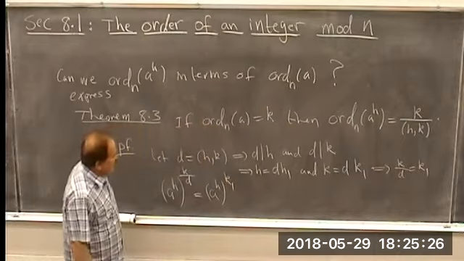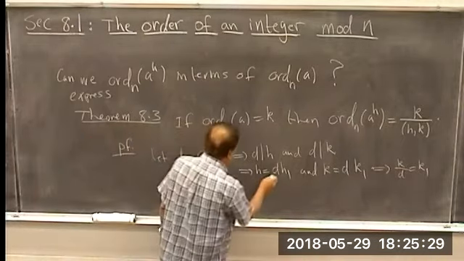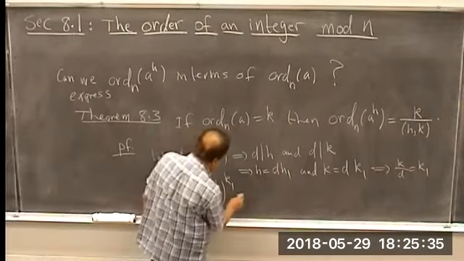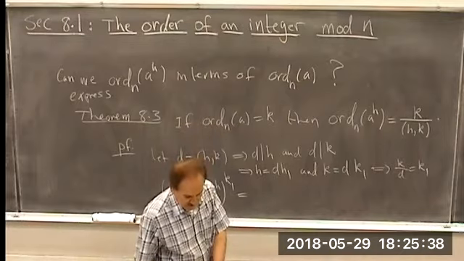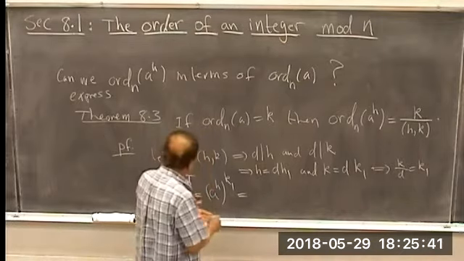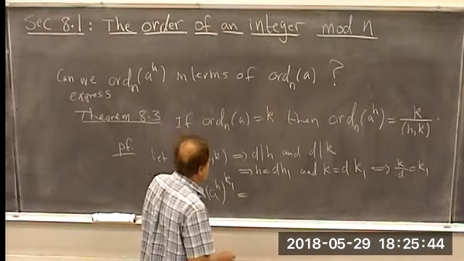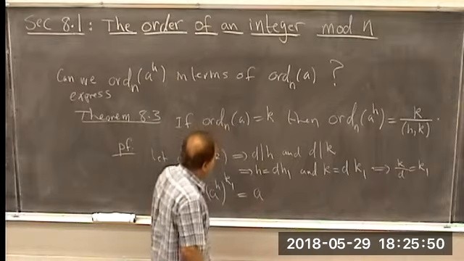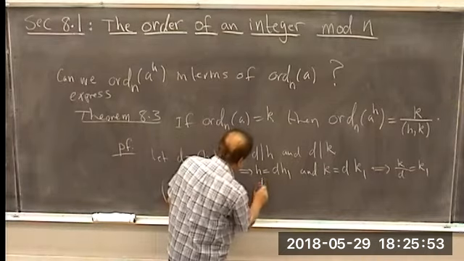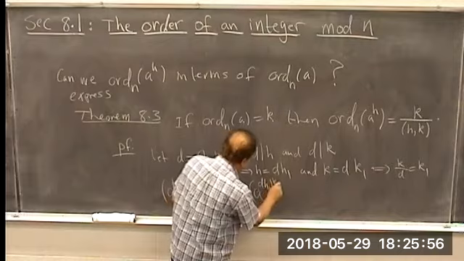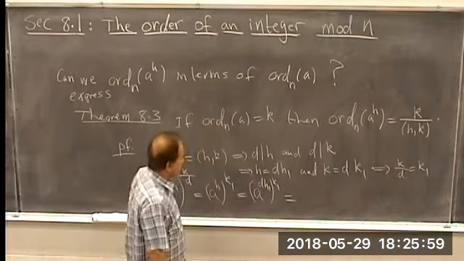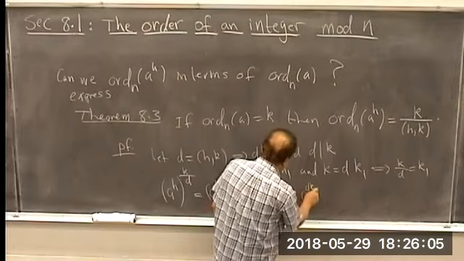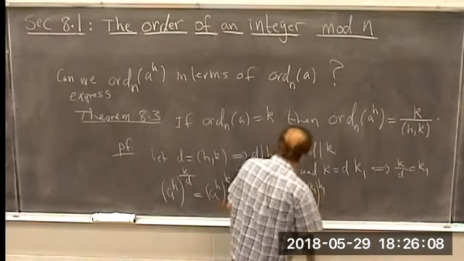Let's also substitute for H. I want to bring in the K somehow. So this becomes A to the D H1, to the K1, and this is equal to A to the power D K1, with H1 outside.